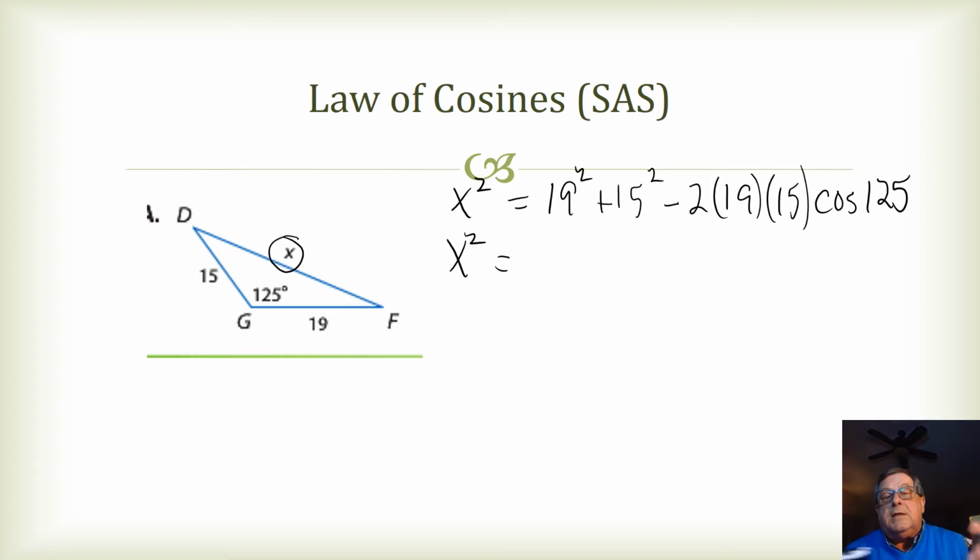So 19 squared is 361, plus 15 squared, and 15 squared is 225. And then we've got negative 2 times 19 times 15 times the cosine of 125.